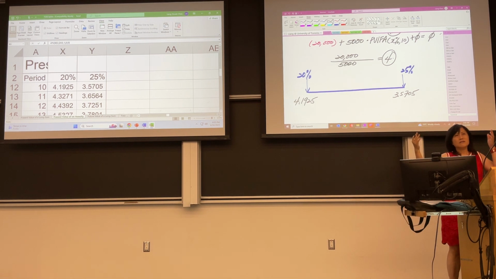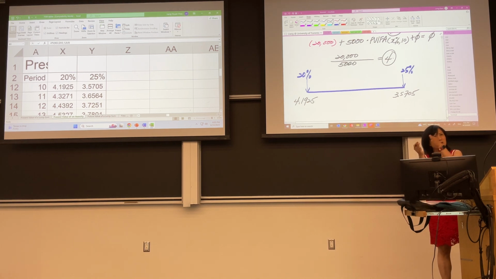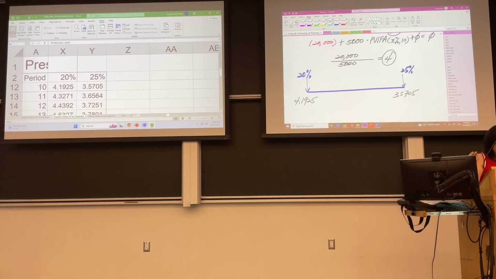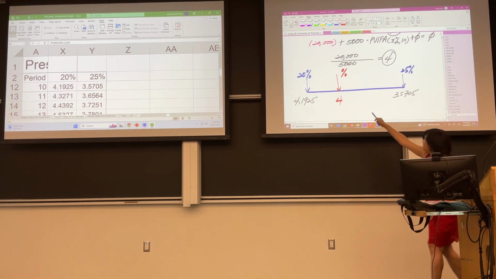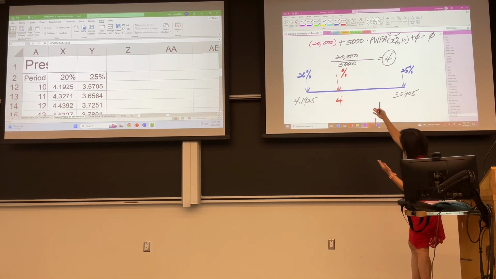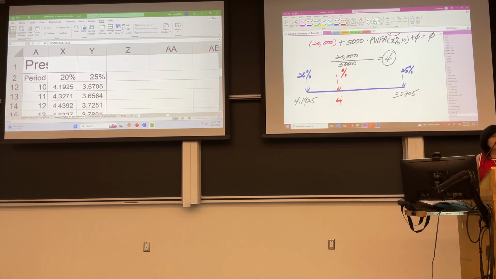But what is the proportion out of the whole thing: 30%, 35%, 40%, 15%? So we want to do the interpolation, looking at the distance out of the whole thing.